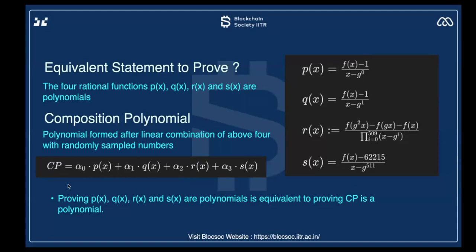That is true. Let's say one of them is not a polynomial and is of the form (x minus 5) by (x minus 4). If you can't reduce it to a single polynomial expression, then there is a very high probability, approaching one, that the composition polynomial is also a function of some polynomial written in numerator and denominator.